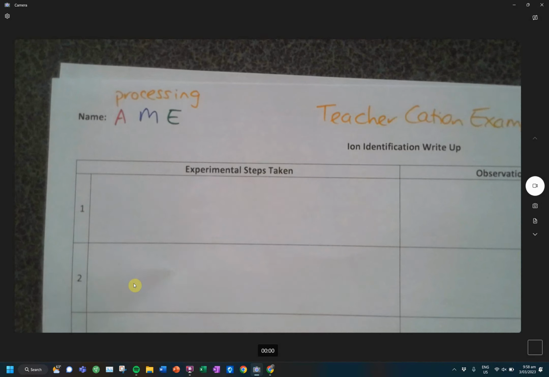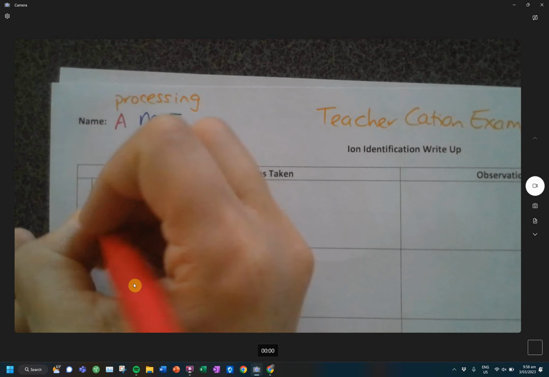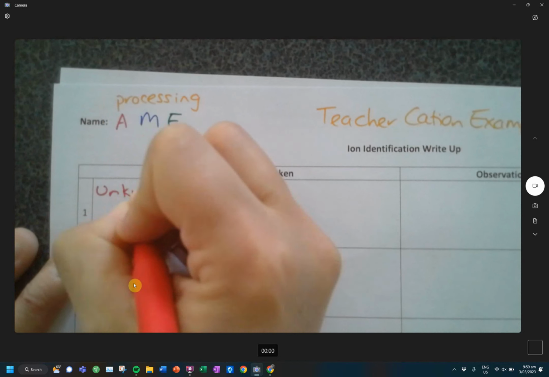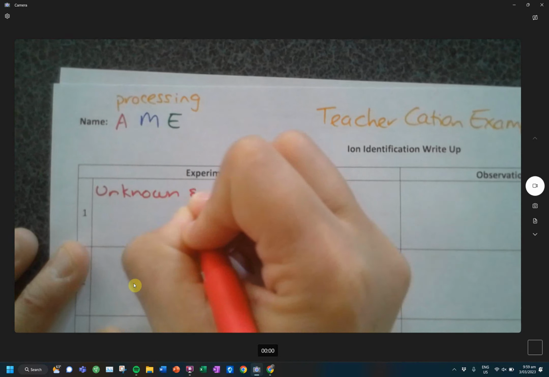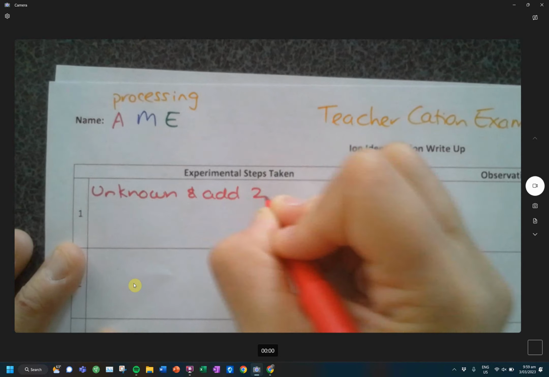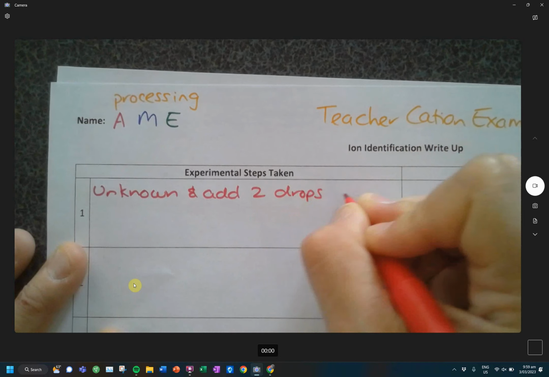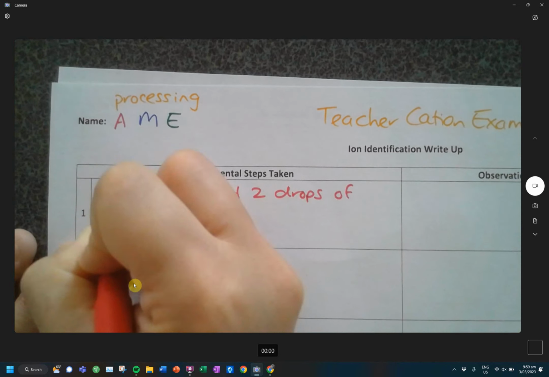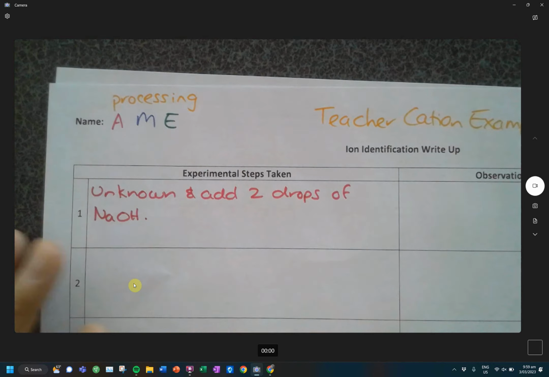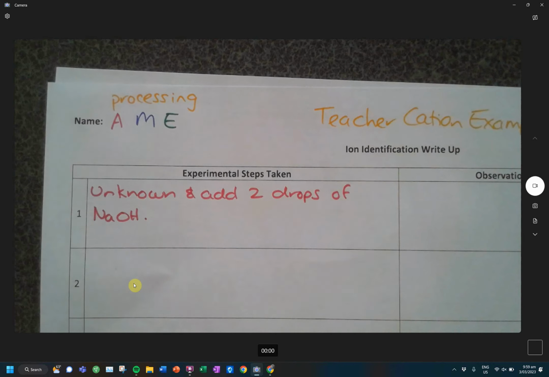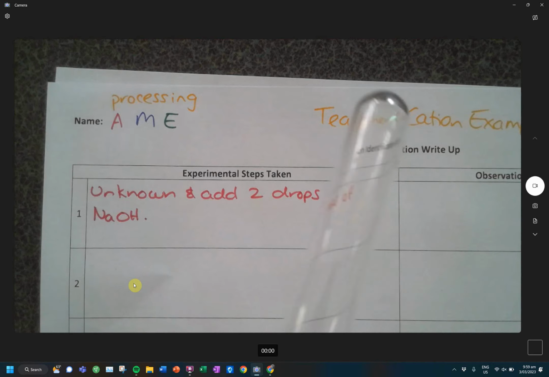So my experimental procedure: take my unknown and add 2 drops of sodium hydroxide, NaOH, and state our observations. So here's my test tube.